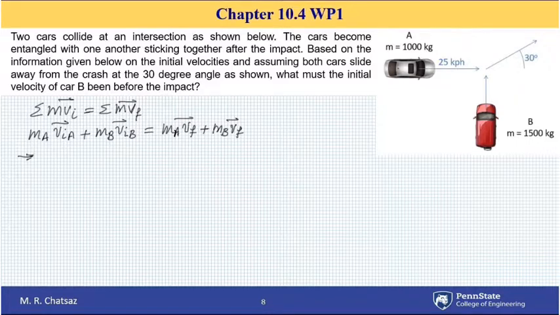So this is a vector equation. I can break it up and write the two components in horizontal and vertical direction. In horizontal direction, if I choose right as positive, I have mA VIA in x direction plus mB times initial velocity of B in x direction, which we know is 0, equals mA plus mB times the common velocity VF, whose component in horizontal direction is VF cosine of 30.